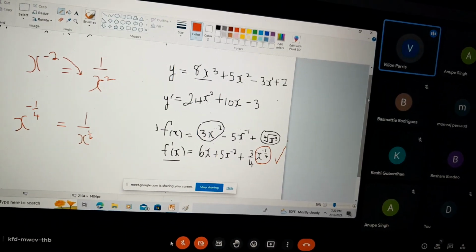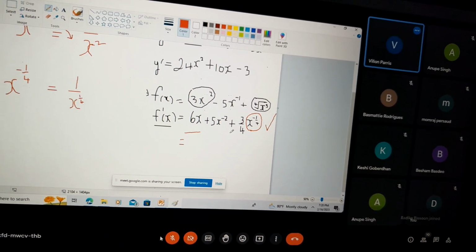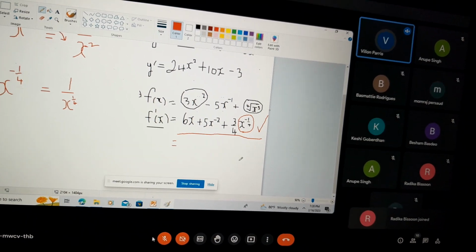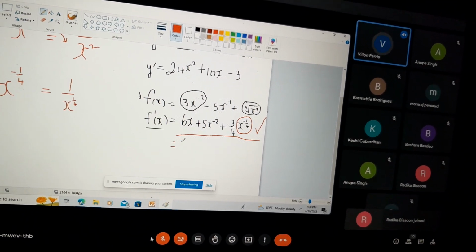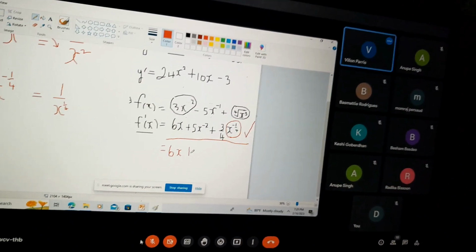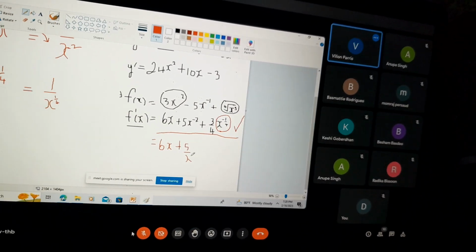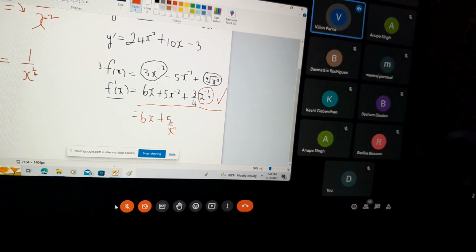So if you wanted to take it down a bit, again, this is the final answer. You don't necessarily have to carry it any further, but if you want to nice it up, it could be 6x plus 5 over x squared. Let me know if you understand what happened there.